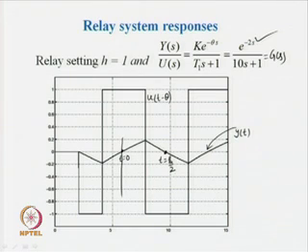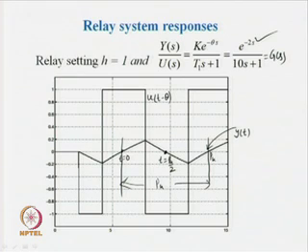So, Pu spans from time t = 0 to time t = Pu, but the analysis will be limited to half period output of the system. Therefore, we shall concentrate on this segment of the output and this segment of the output.